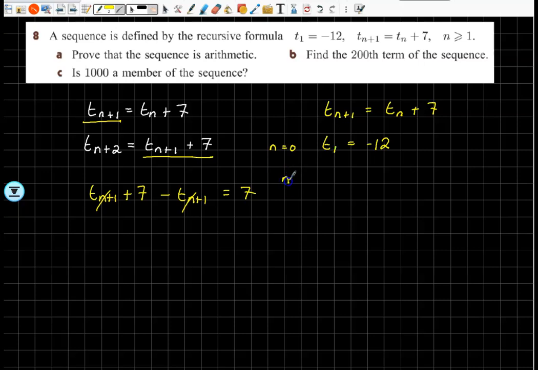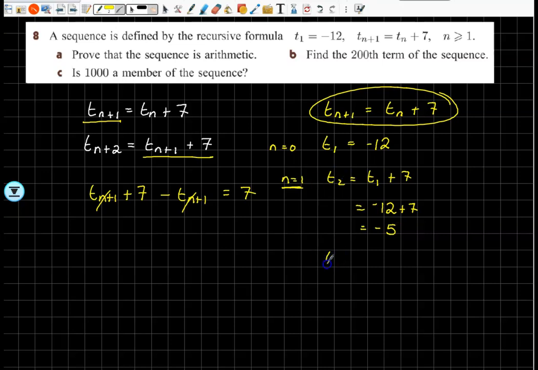So now the next term would happen when n is 1. So now we've got the second term, right? I'm using our formula that they gave me. I've now got n is 1 plus 7. But what was T1? So then that's minus 12 plus 7, which is minus 5.